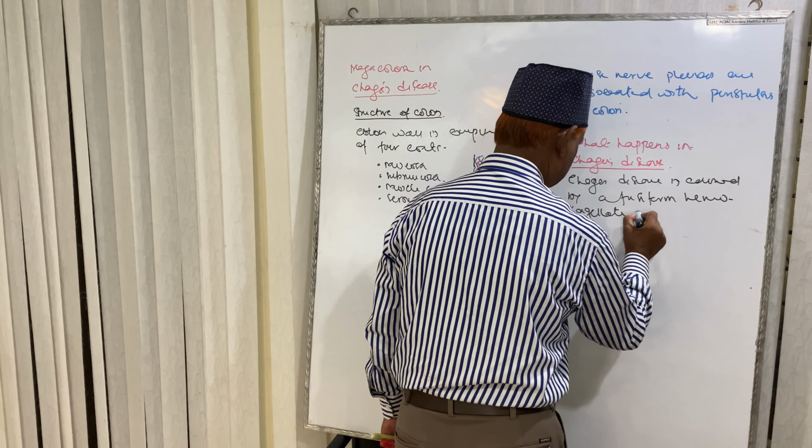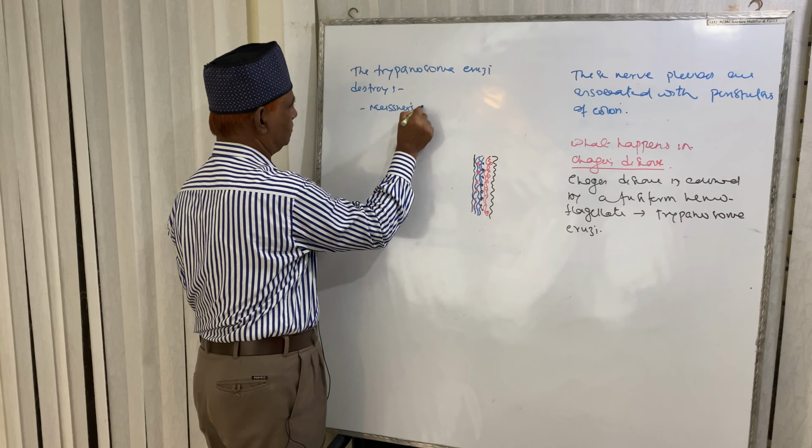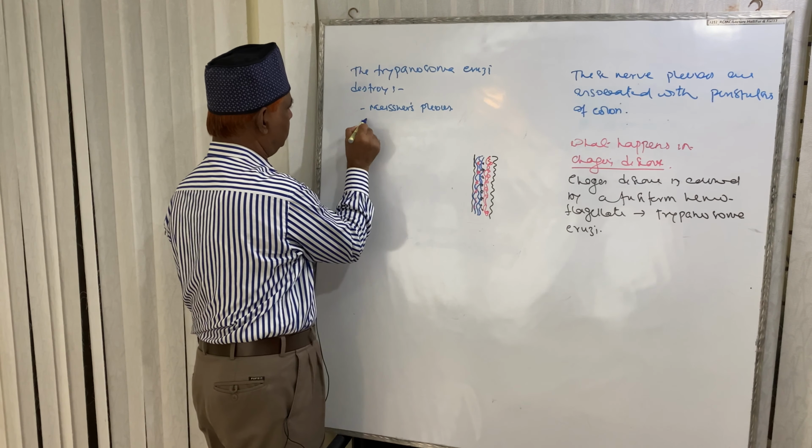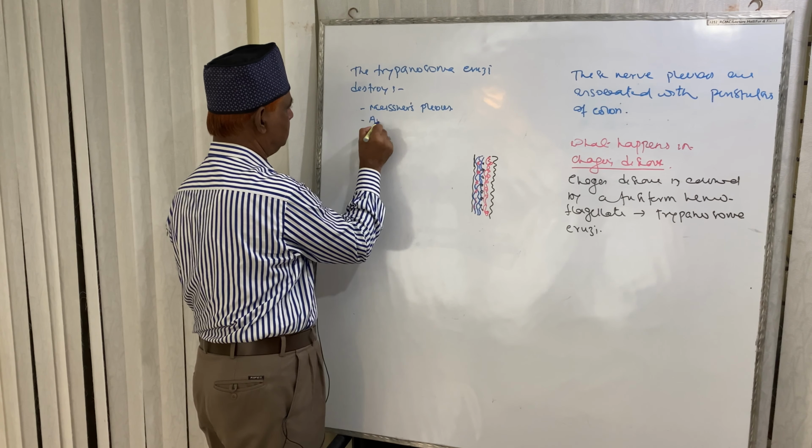This Trypanosoma cruzi destroys Meissner's plexus and Auerbach's plexus.